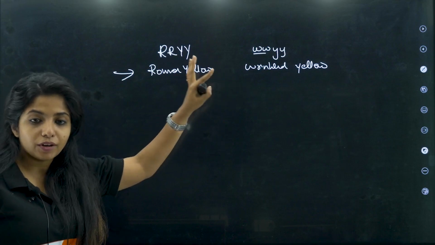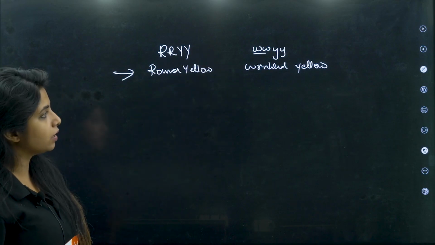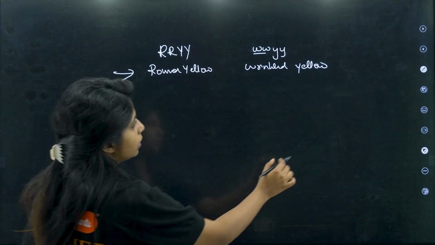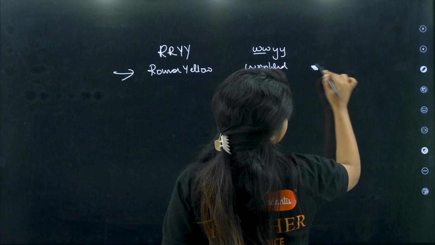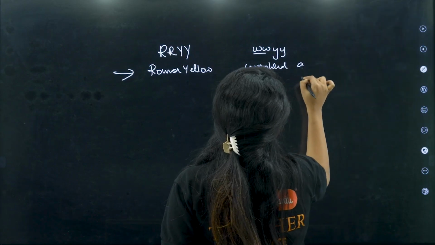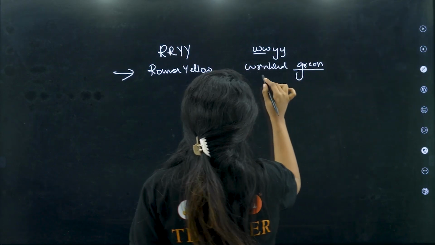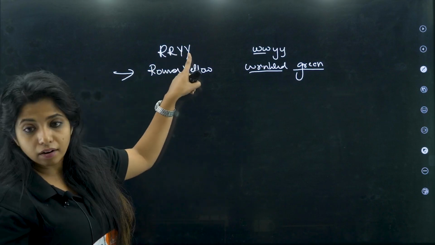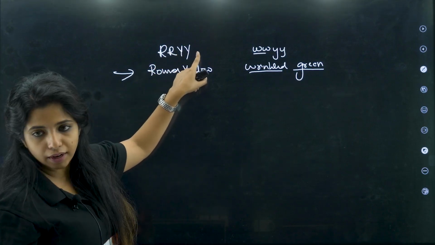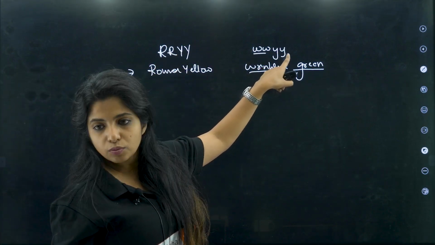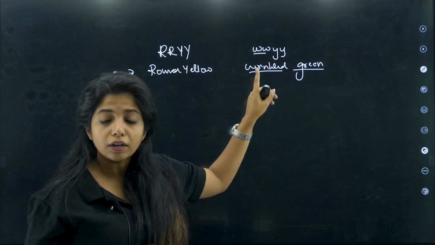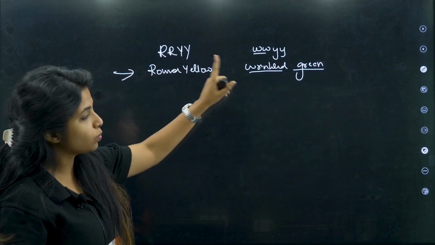In NCERT it is given like this, for round and yellow, and wrinkled and green. If you have noticed one thing, these both, capital R and Y, are dominant traits. Similarly, small r and small y are recessive traits, which is why they are given like this.